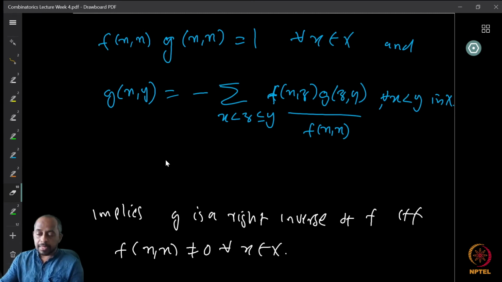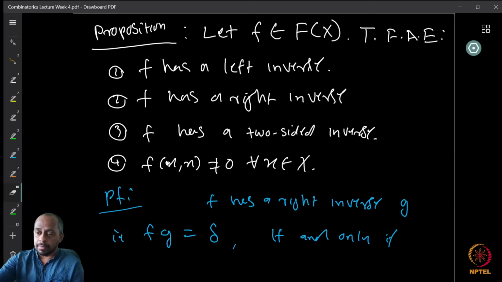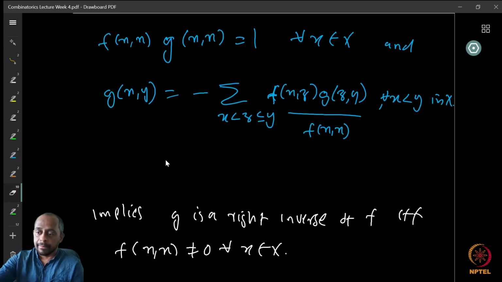Similarly, you can show the other properties. If f has a left inverse, then a similar idea works. And then using the associativity property, we can also show that it has a two-sided inverse. All these are equivalent to the assumption that f of xx is different from 0, because in that case we can of course define g this way.